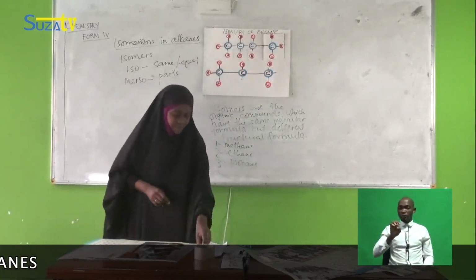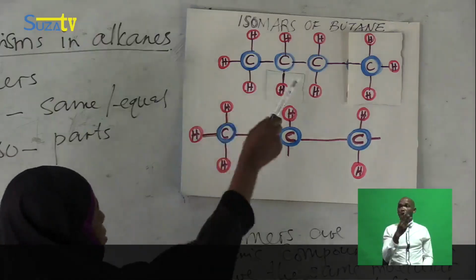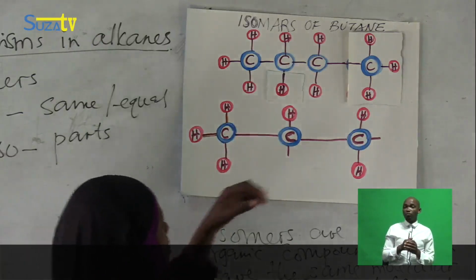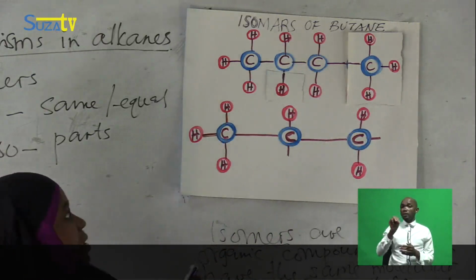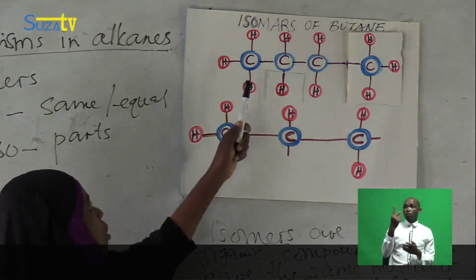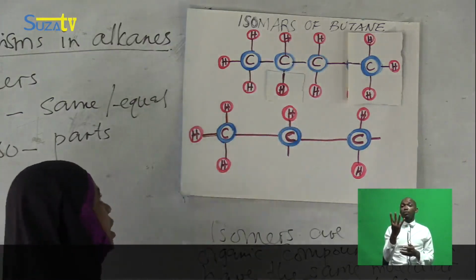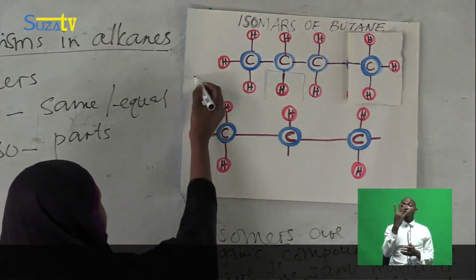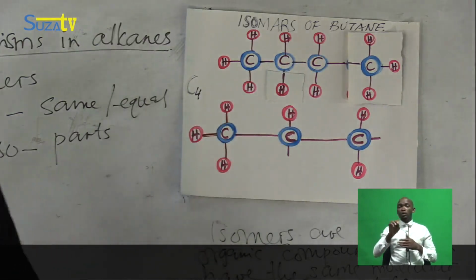First, I want you to count. Butane, how many carbon atoms in butane? Let us count together. 1, 2, 3, 4. There are 4 carbons in butane. And how many hydrogens?